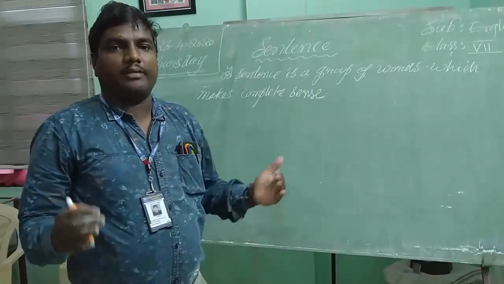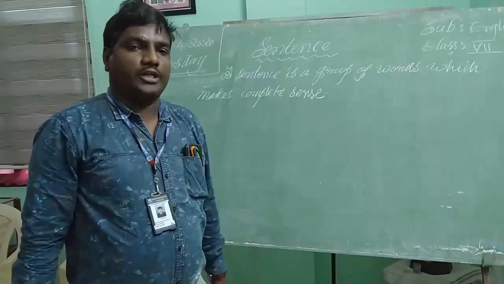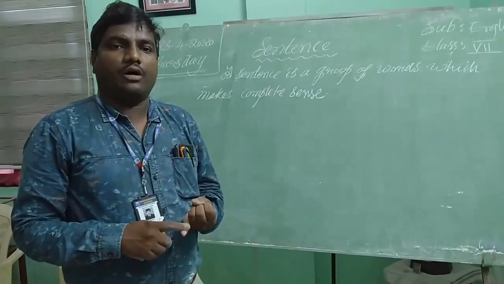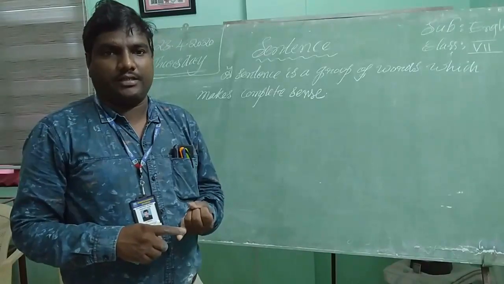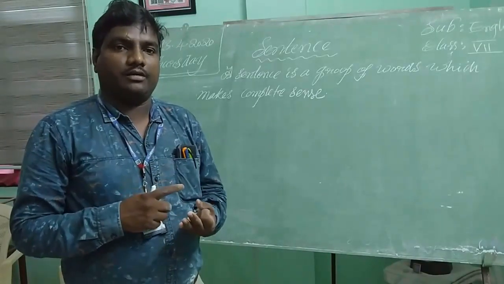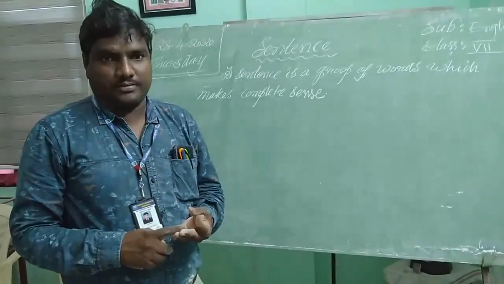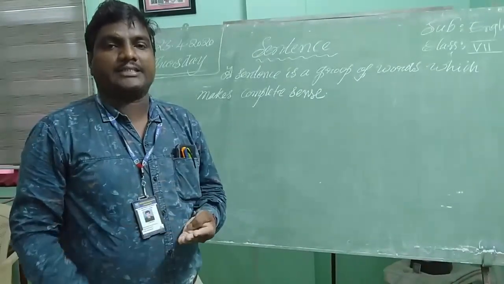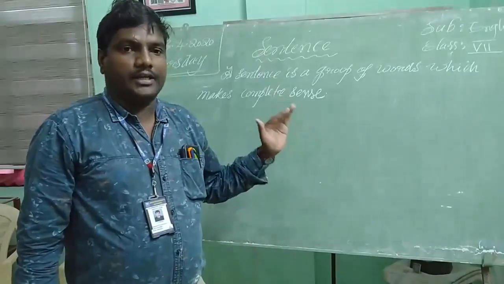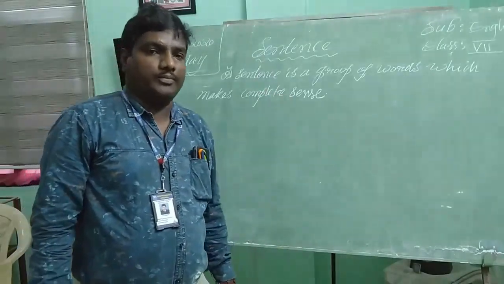A sentence can be divided into 4 types. What are they? Number 1, assertive or declarative sentence. Number 2, imperative sentence. Number 3, interrogative sentence. And number 4, exclamatory sentence. In this way, the sentence can be divided into 4 types.